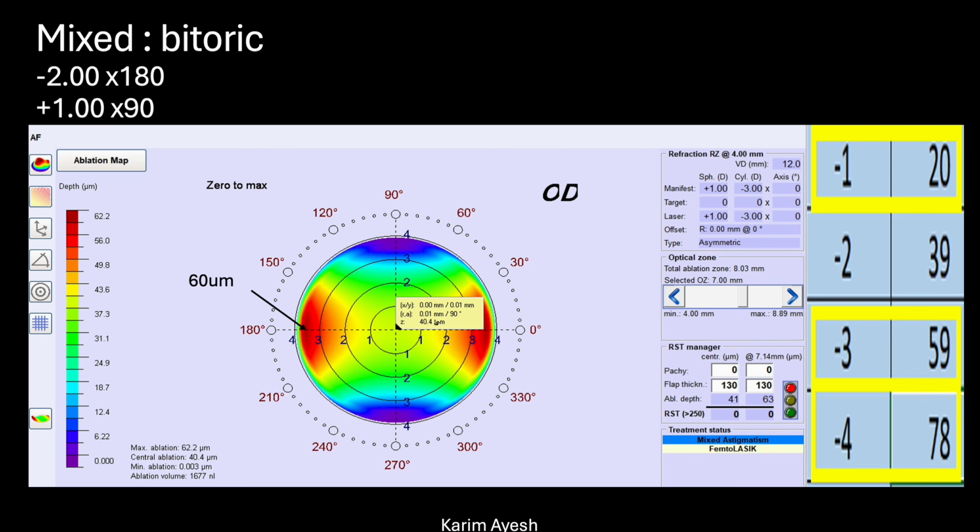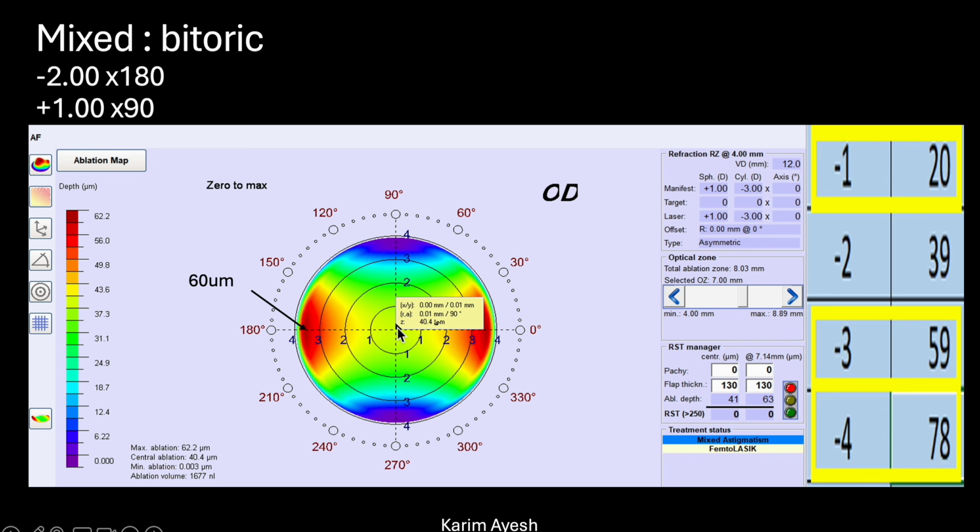I took it bitoric: minus 2, 180, plus 1, 90. Plus 1, 90: the flat meridian of 90 is what? It is 180. So 1 diopter is ablated here, 1 diopter is around 20. Minus 2, 180, this is the flat meridian. So 2 diopters here ablated as myopic.